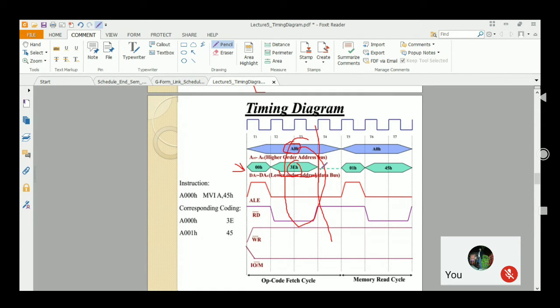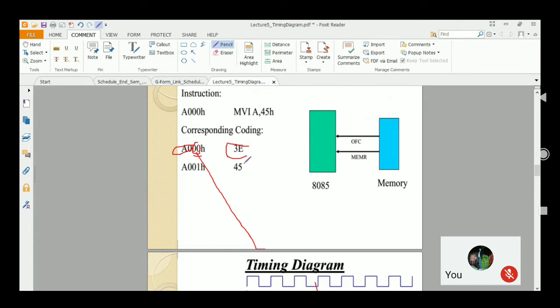In this portion you will decode that message. The dotted line represents where I am decoding my opcode.